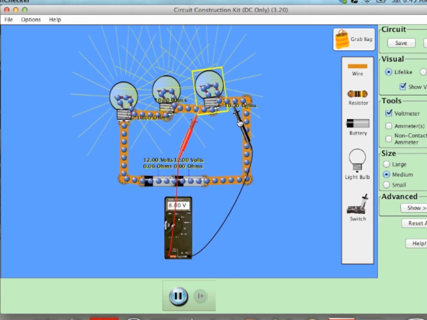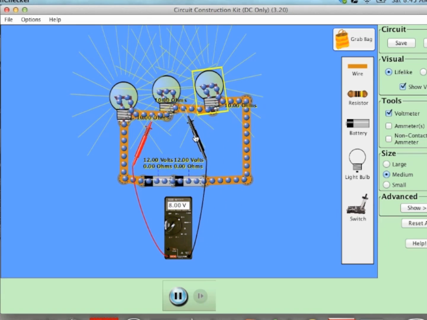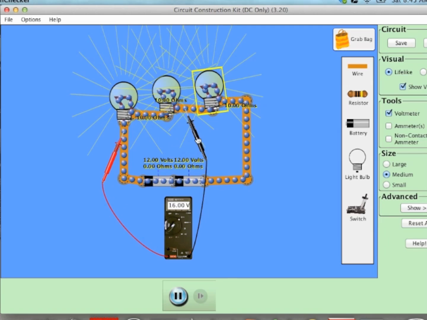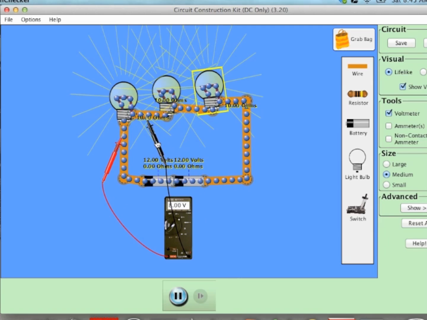That means there is a voltage drop of 8 volts when the current passes through that first bulb. Now if I measure the voltage of this next bulb, it's also a voltage drop of 8 volts. And of the third bulb, just as you would think, it's a voltage drop of 8 volts.